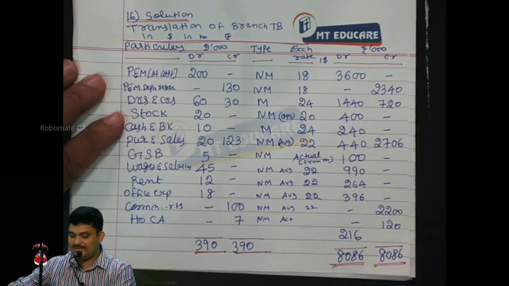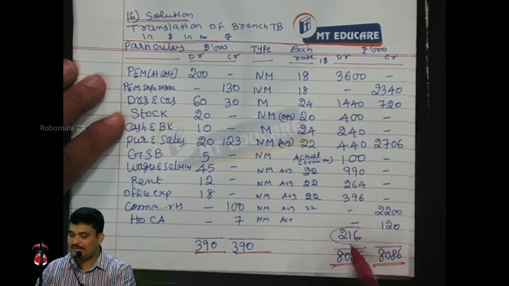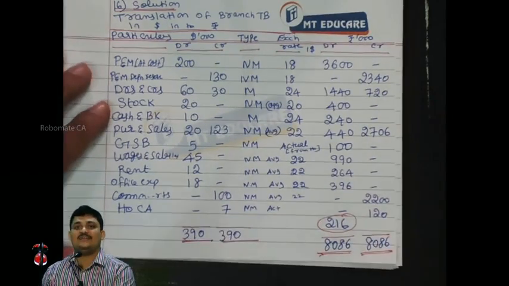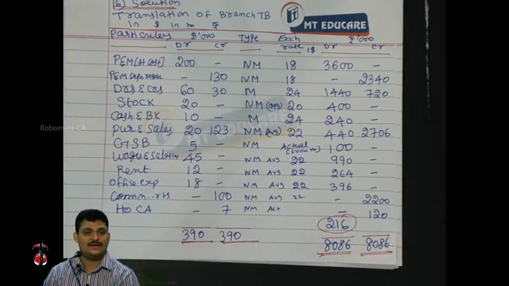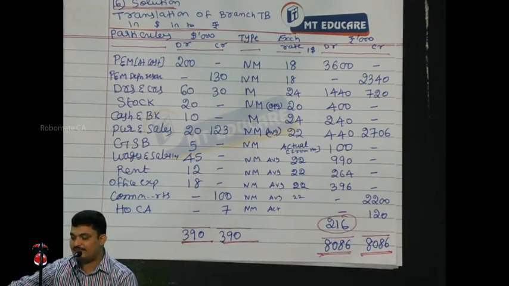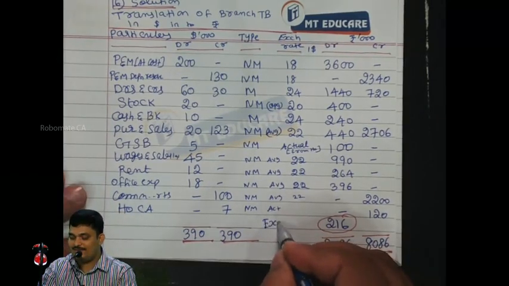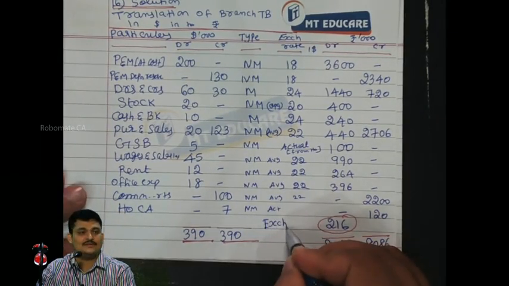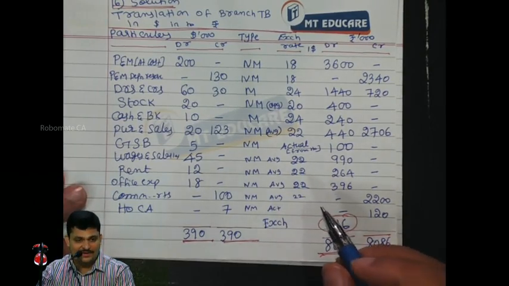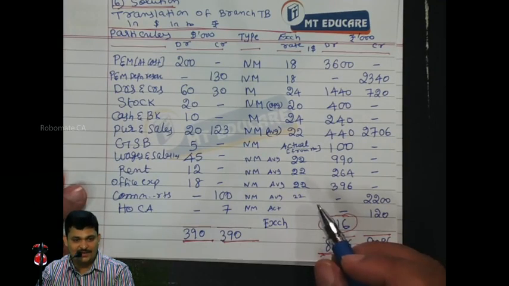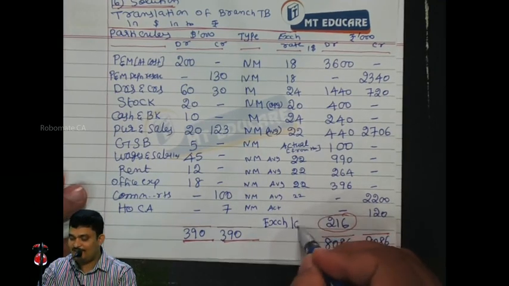Now tell me, friends, this 216 we are getting because credit is greater. Correct? Since the credit is greater and we are getting this, is it exchange gain or exchange loss? Exchange loss.